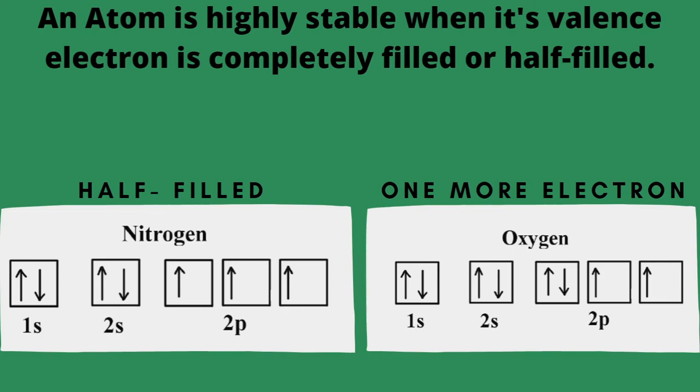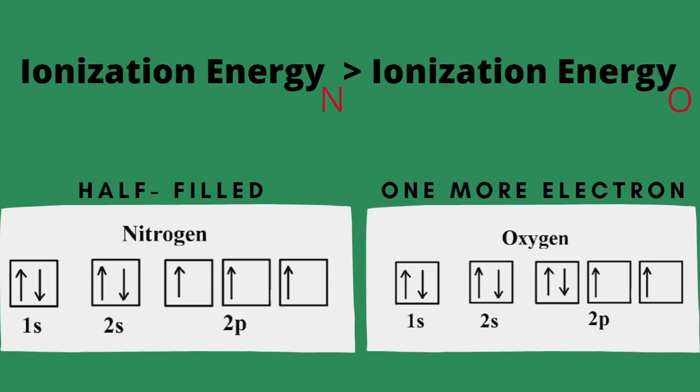In case we're comparing nitrogen and oxygen, nitrogen has a half-filled p subshell. So nitrogen's ionization energy is more than the ionization energy of oxygen, because it is much more difficult to remove an electron from a stable atom than from a not so stable atom.